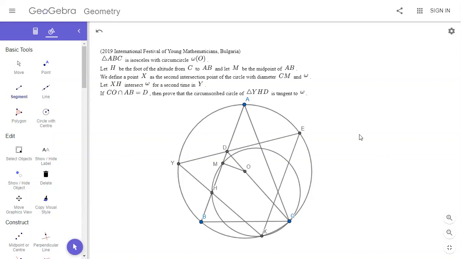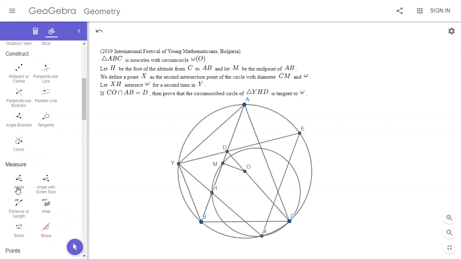So yeah, we want to show YX and YE are isogonal with respect to angle AYB. Let's draw that in. Can we use the isogonal line lemma?